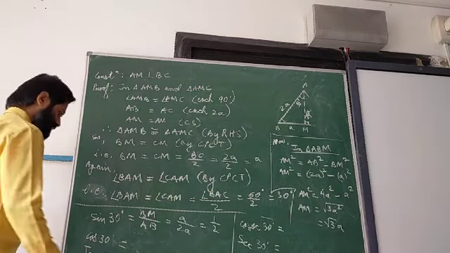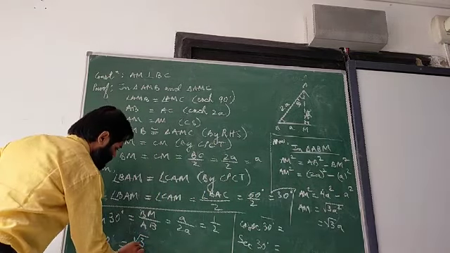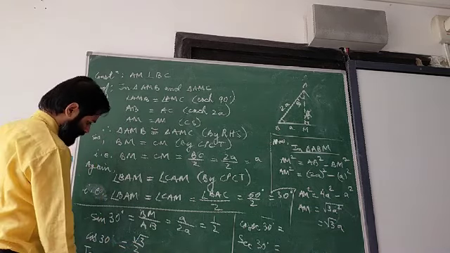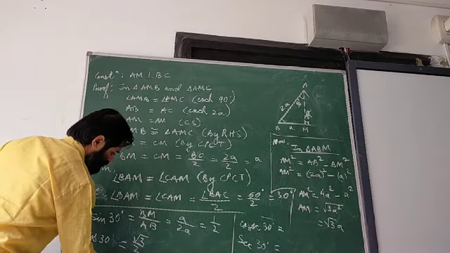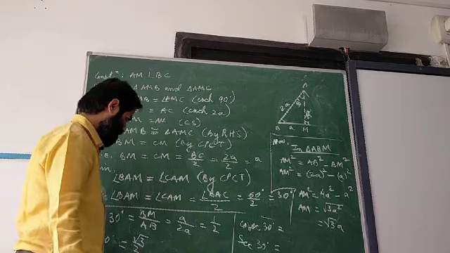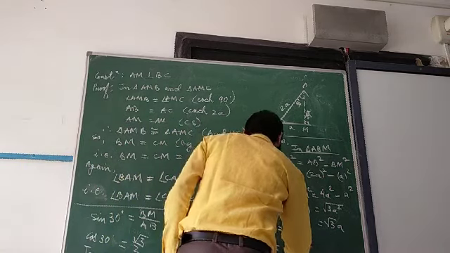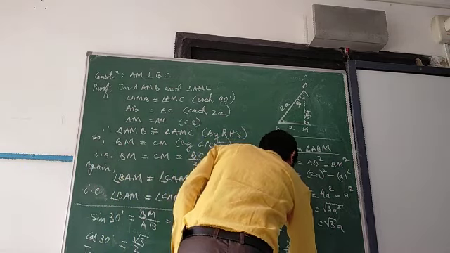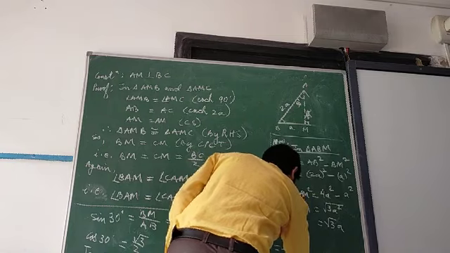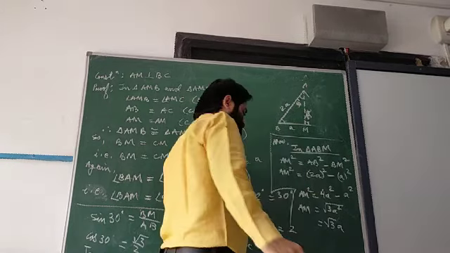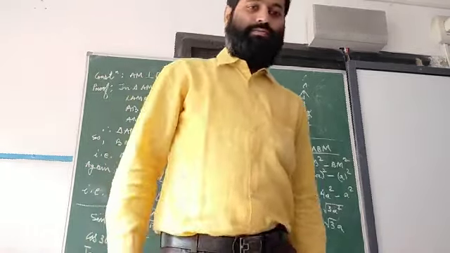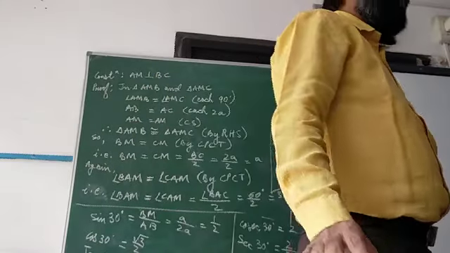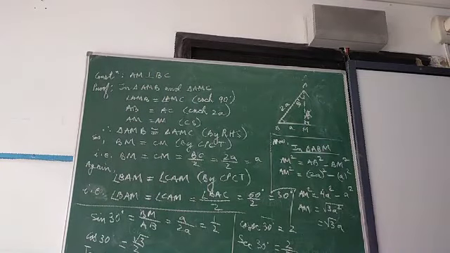So cos 30 is root 3 by 2. Tan 30 is 1 by root 3. This is 2, this is 2 by root 3, and this is root 3. Just see you got these values or not. Substitute properly. Now, after solving till here, you will receive 4 marks. Done?